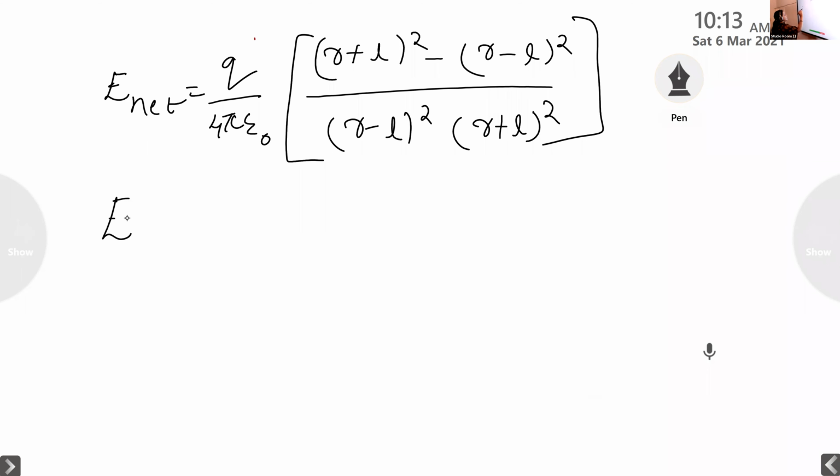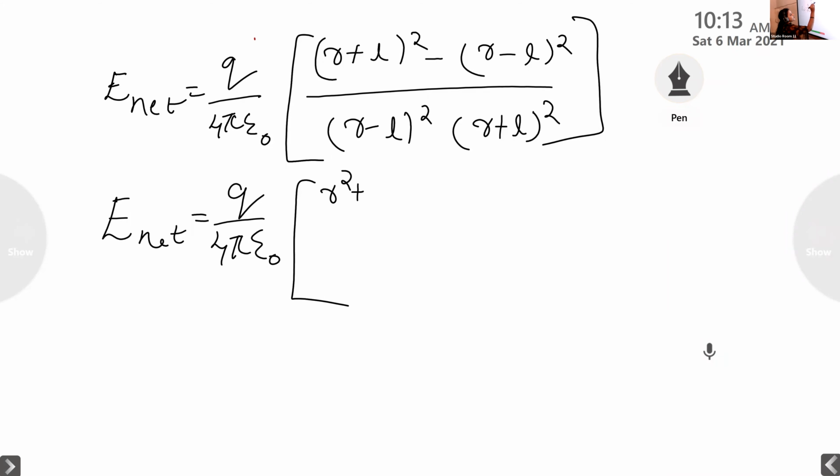The net electric field E net is equal to Q by 4 pi epsilon 0 as it is. What is R plus L the whole square? It becomes R square plus 2RL plus L square. Minus, what is R minus L the whole square?